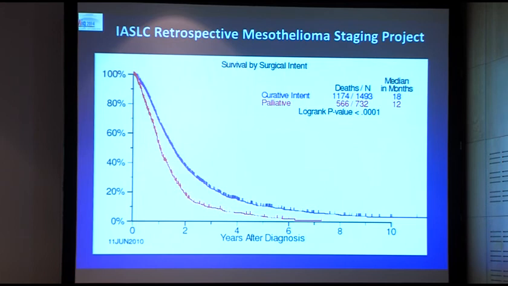Here we have survival by surgical intent. So those patients whose surgical plan was to aim for macroscopic resection of all disease, curative intent, and in the red line, those who had surgical intervention for palliation only, and that separated out.